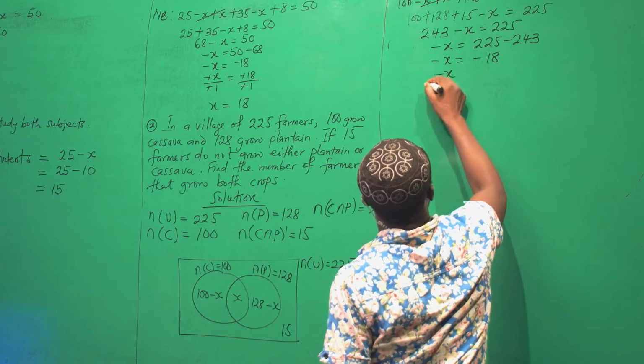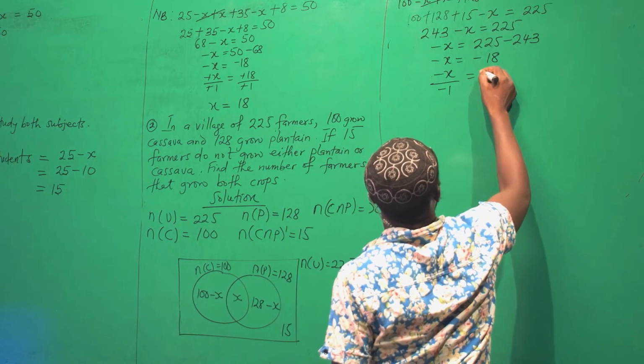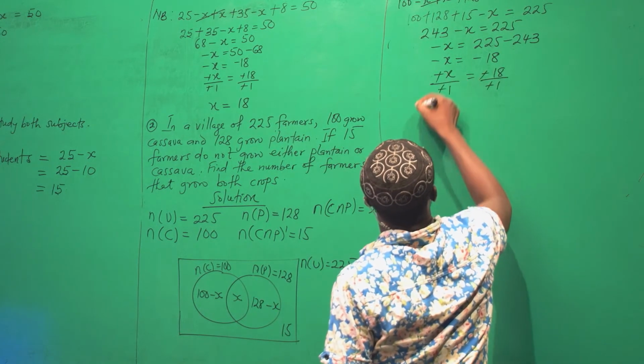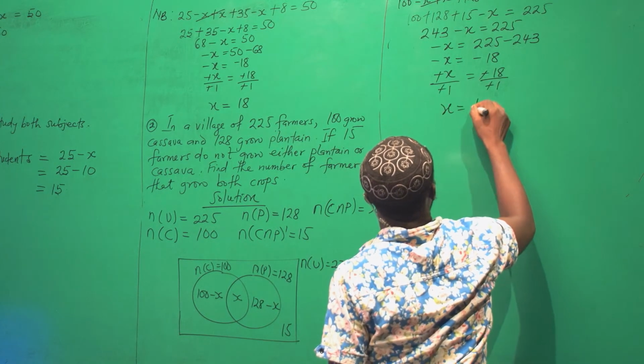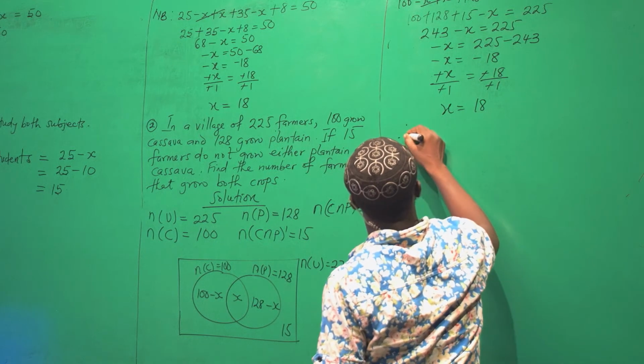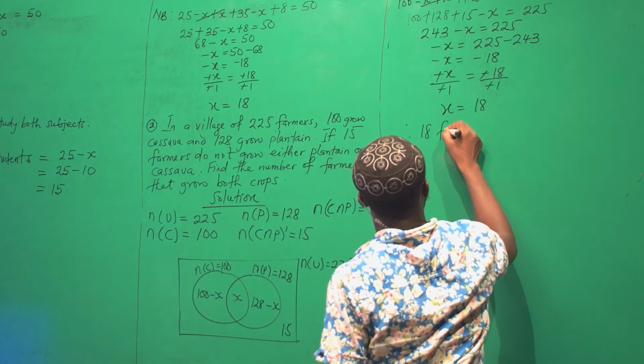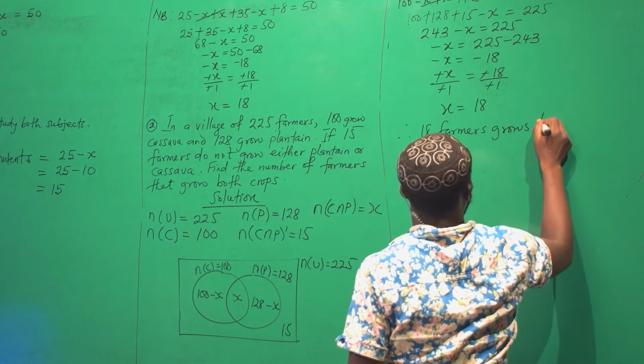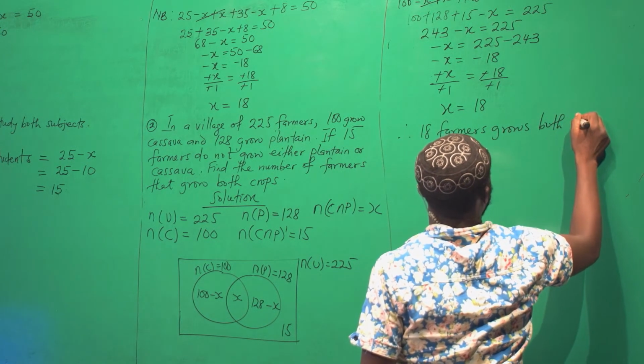Then negative x divided through by negative 1, negative 18 divided through by negative 1. Then my x will be equal to what? 18. So therefore, 18 farmers grow both crops.